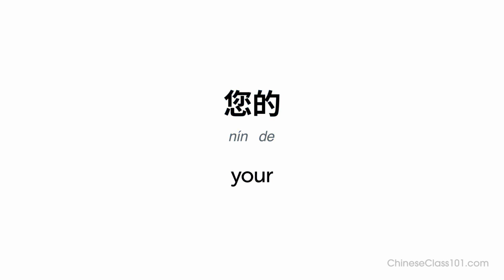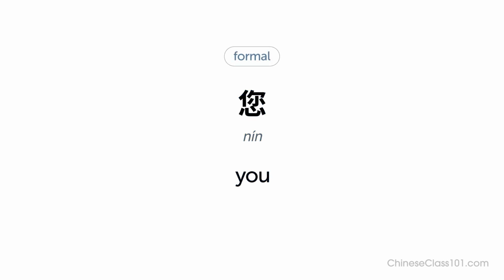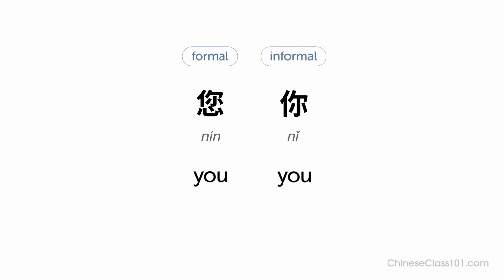This starts with 您, you, when using formal Chinese. 您 is often used to show respect to a person, such as a senior citizen or a customer. Now, you might be more familiar with 你, meaning you.